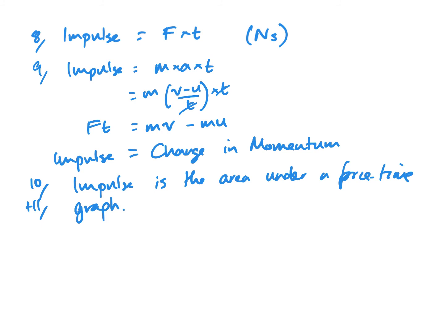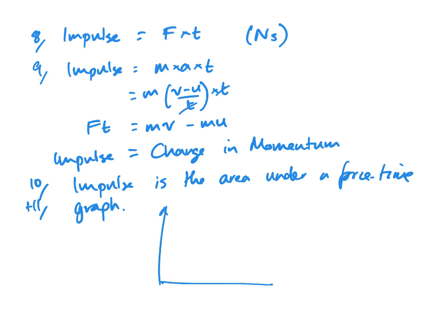If you think about the equation d equals vt for constant speed, then if the speed is changing, you use the area under a velocity time graph. If impulse is equal to Ft though, if F is changing, then you use the area under a force time graph to get impulse.